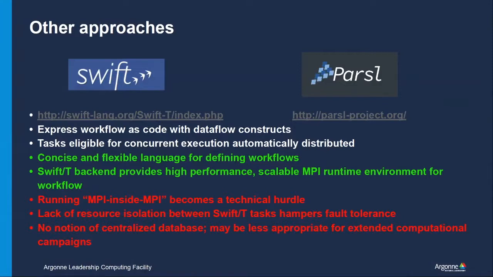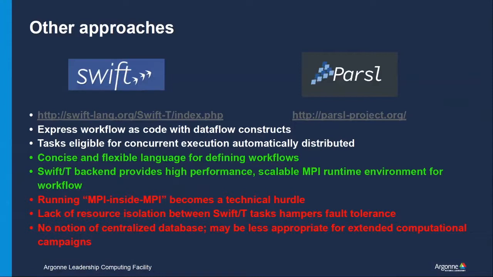And then the backend is the Swift backend that both Swift and Parcel can compile to, running an MPI runtime, which is very high performance and has proven scalability on LCF systems.